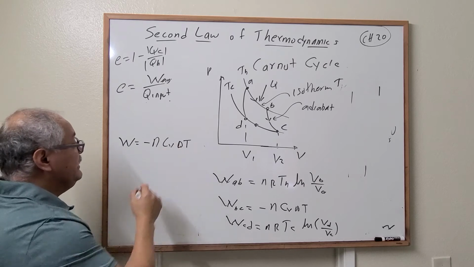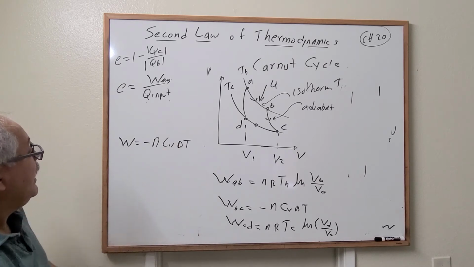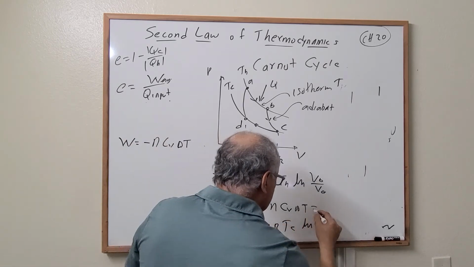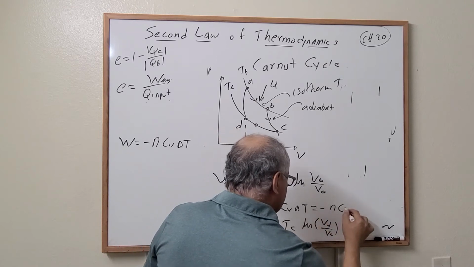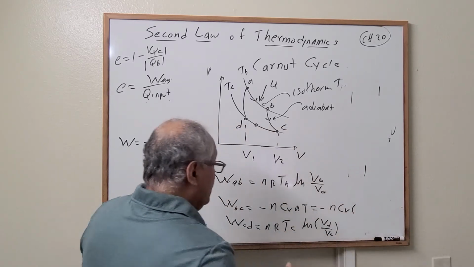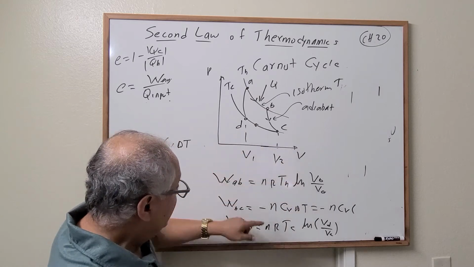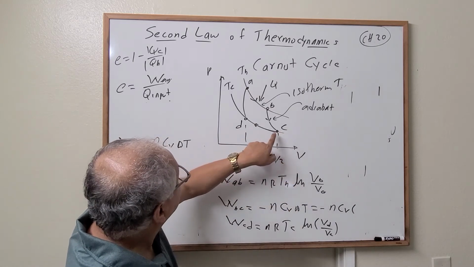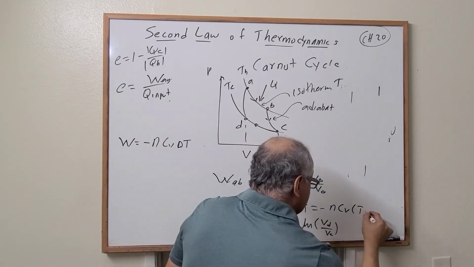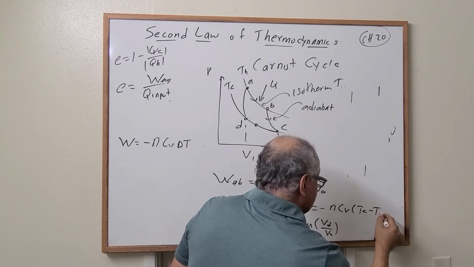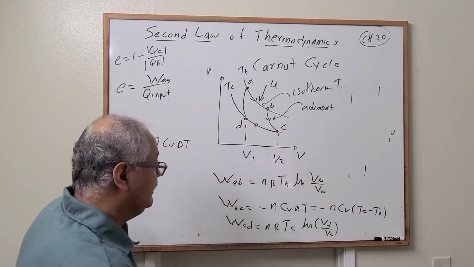Correct? But look, this one equals negative n Cv, and what is the final? The final is Tc minus Th, correct? What about this one?